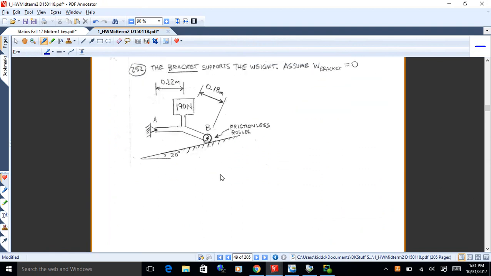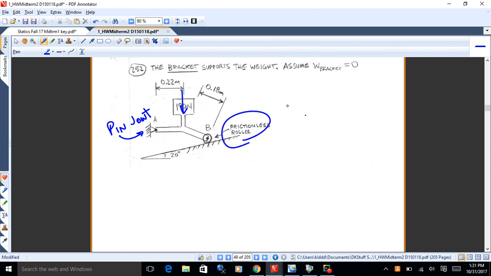Okay, the next one there, again, just get your tunnel vision goggles on when you do these. You see a pin joint. Pin joint has two reactions in the X and Y directions, right? No moment reaction though. So that's a pin joint right there. This is a roller.